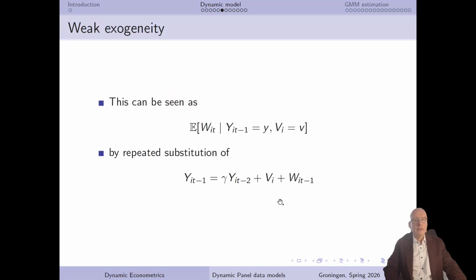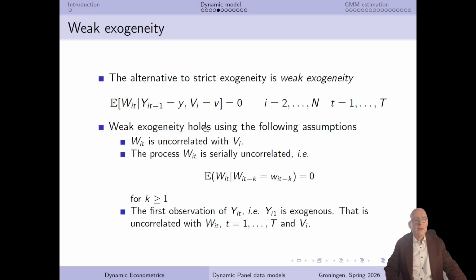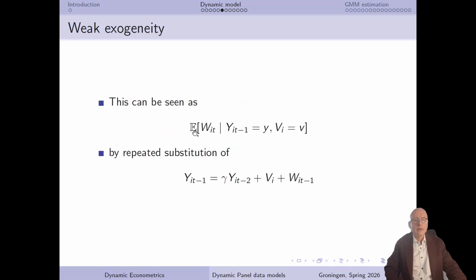In order to see that, what we can do is try to rewrite the left-hand side of this definition of weak exogeneity. The first thing that we can take into account is that we can rewrite this y_it minus 1 a little bit, because we know that if y_it is equal to gamma y_it minus 1 plus v_i plus w_it, then of course y_it minus 1 is equal to gamma y_it minus 2 plus v_i plus w_it minus 1.